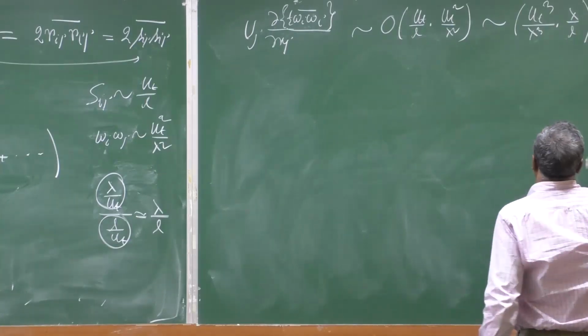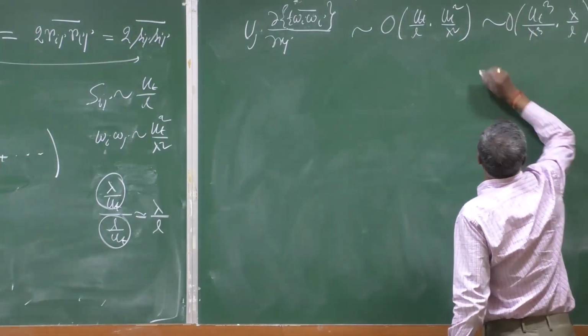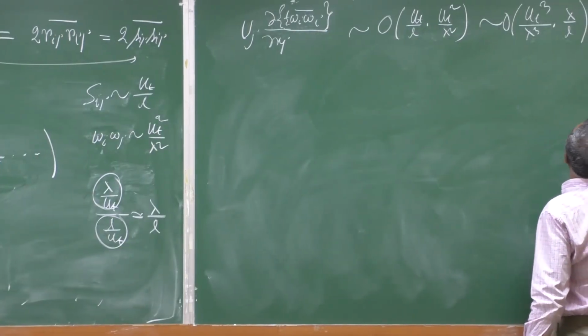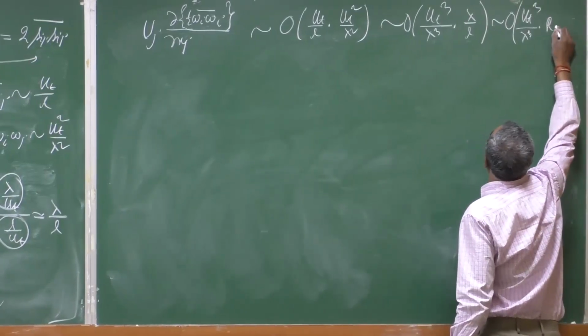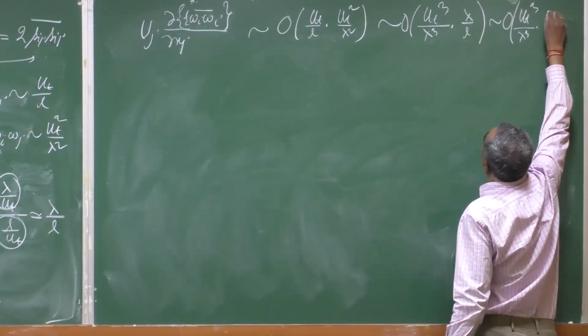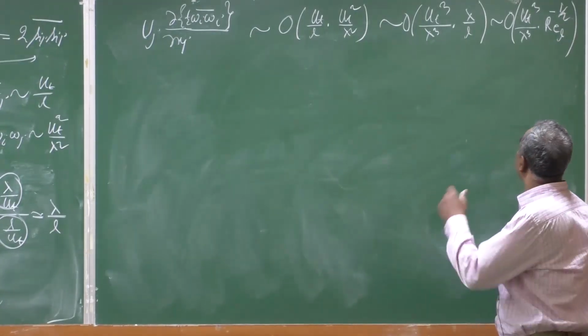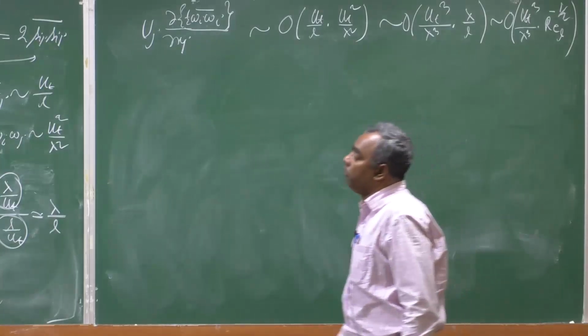And lambda by L, this is order of u_t cube by lambda cube into Re_L to the power of this, right. That is what we get, right.